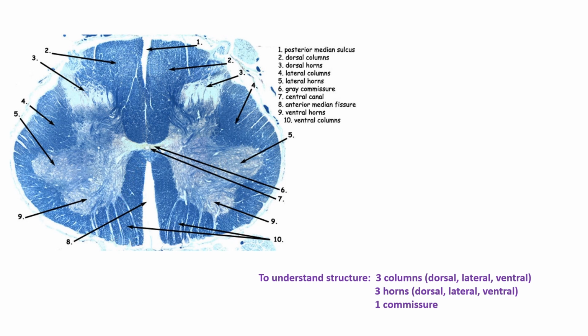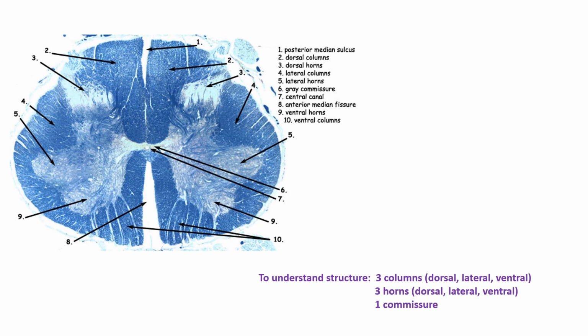We also have ventral columns down below as well, and we have lateral columns on the side. So dorsal, ventral, and lateral columns. In the gray matter, we have horns, and we also have dorsal, lateral, and ventral horns. There's a dorsal over here, lateral and ventral horns. So that's pretty much it.